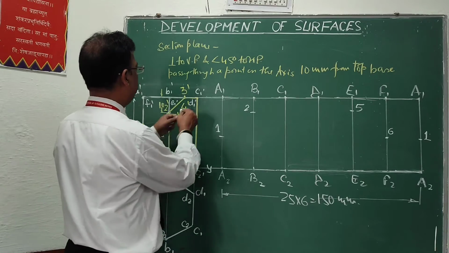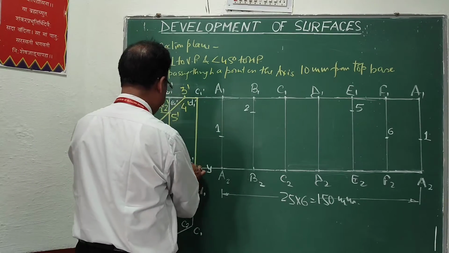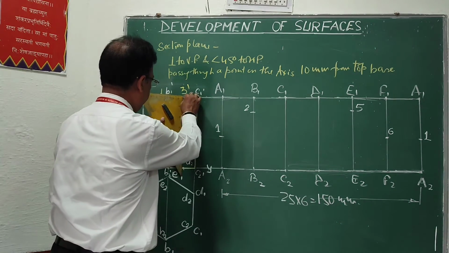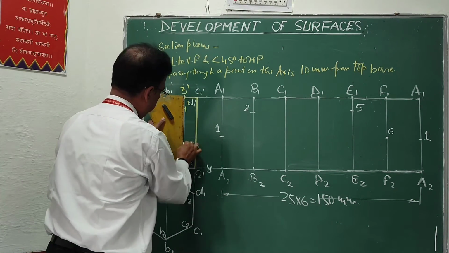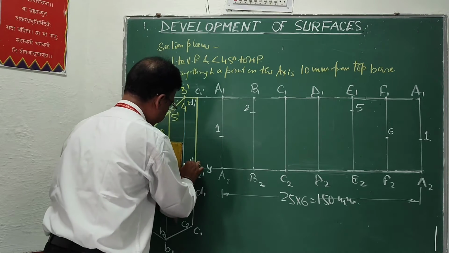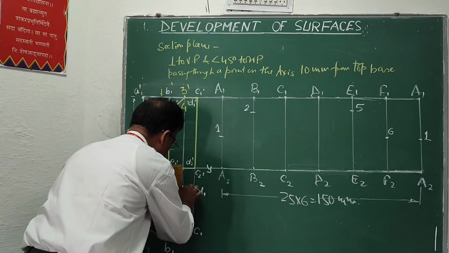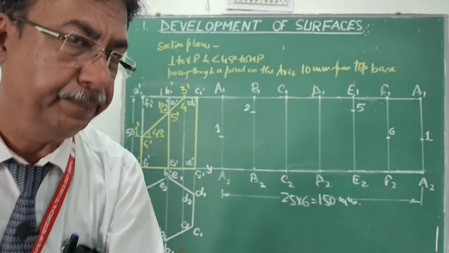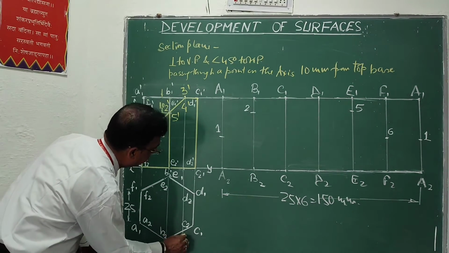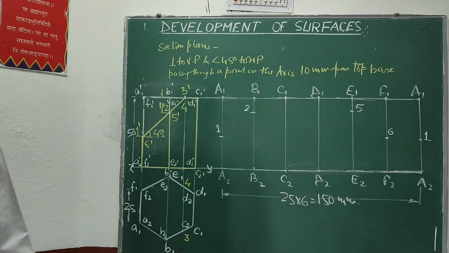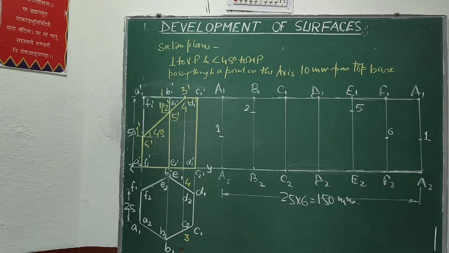So I will shift this 3 dash, 4 dash in the top view, and in the top view we will get the point 3 and 4 and the true distance. So just shift perpendicular from upside, come on the lower side, you will get those 2 points. This is the point 3 and this is the point 4. I hope you understand how I mark this point 3 and 4.